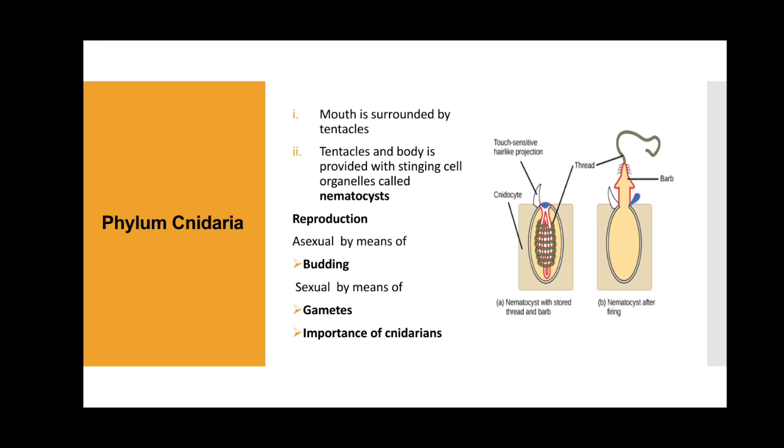There are two main types of zooids, hydroids or polyps, which are the feeding zooids, and medusae, which are the reproductive zooids. So the polyps or the hydroids help the organisms to get their food, whereas the medusae help the organism in the process of reproduction.